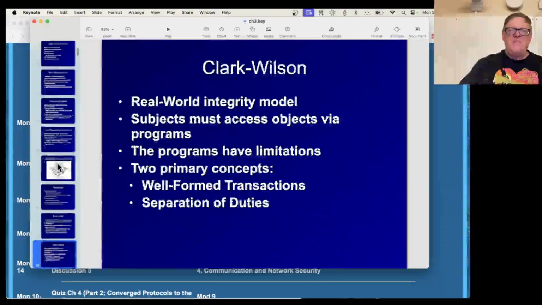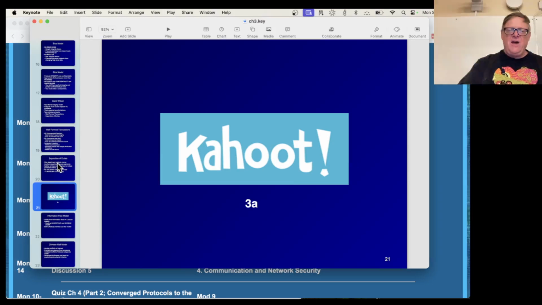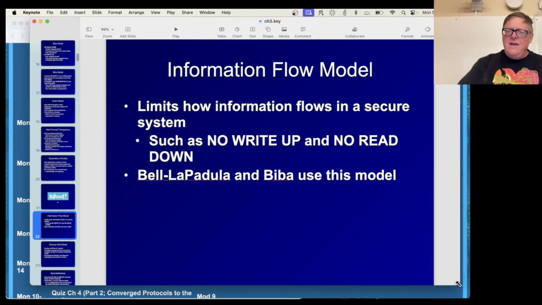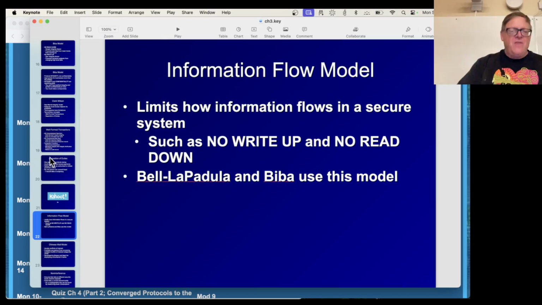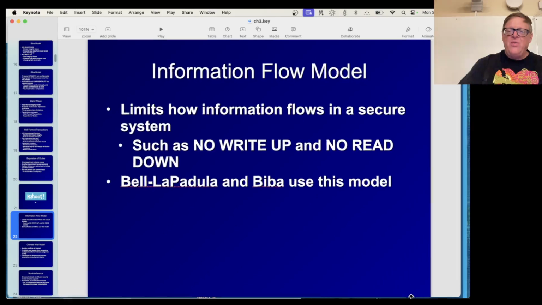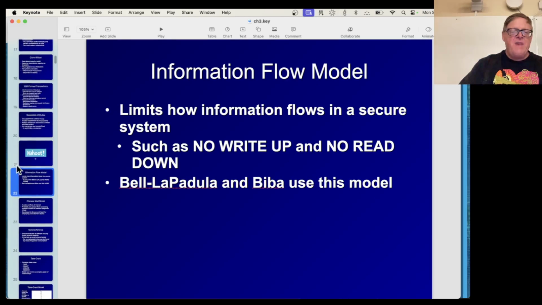We talked about these models, the Biba and Bell model and such, and now we're down to some more models. The information flow model limits how information flows, and Bell-LaPadula and Biba are this, so they limit things like no write up and no read down, as we talked about last time.